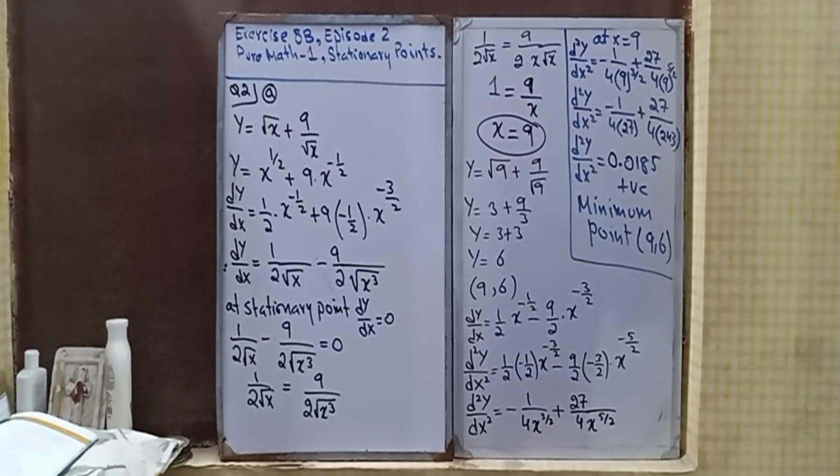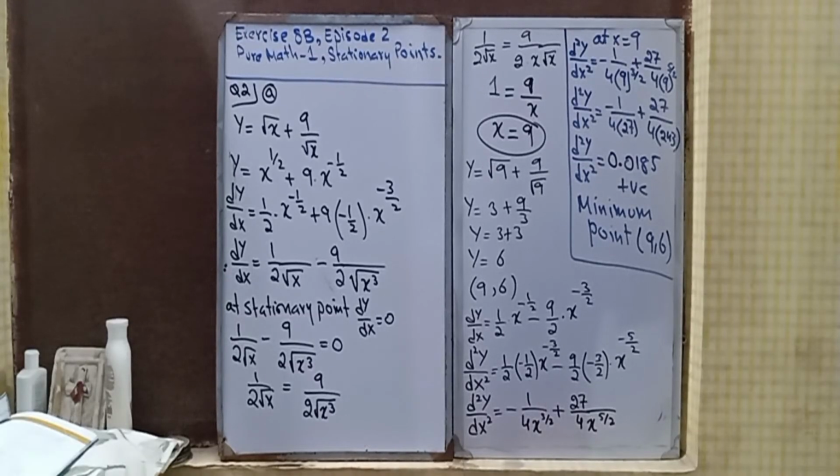Then, to find out the nature of the stationary point, I found the second derivative. The first derivative, you differentiate it further and you get the second derivative. In the second derivative, I put x equals 9 and I found that the answer is positive.